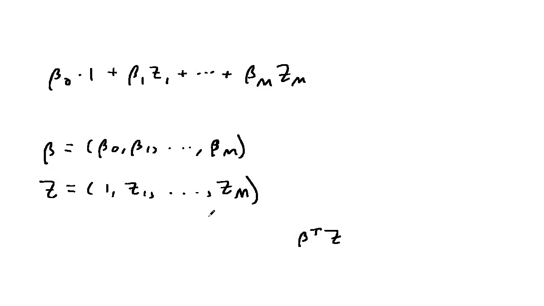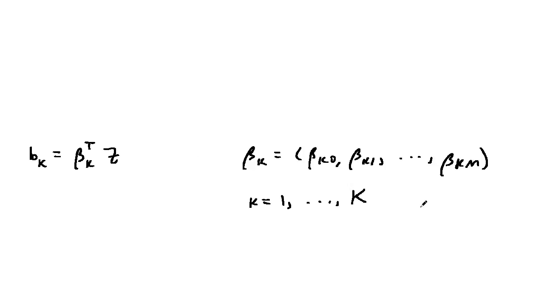We can rewrite the linear combination as beta transpose z. Suppose we form k such activations, b sub k, given by beta k transpose z, where beta k is this vector and k ranges from 1 to big K.